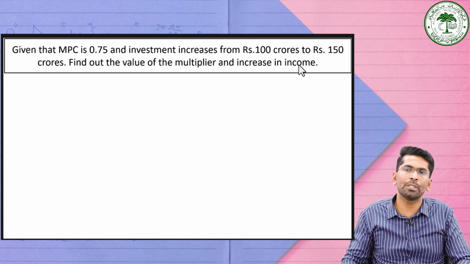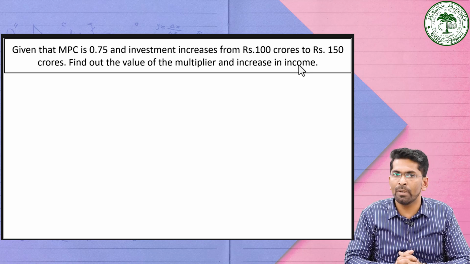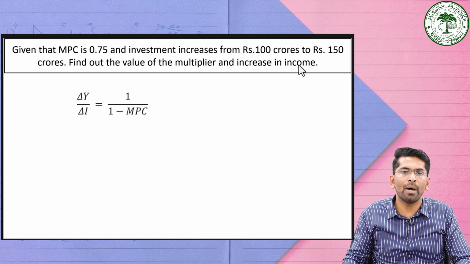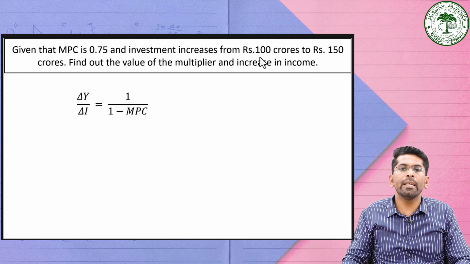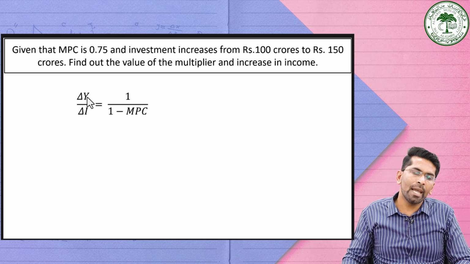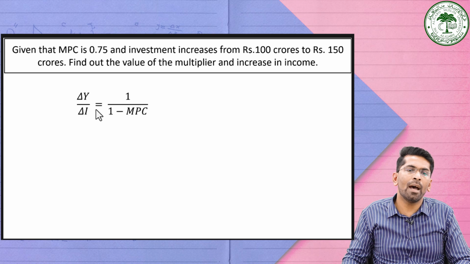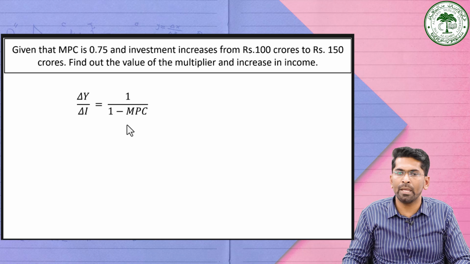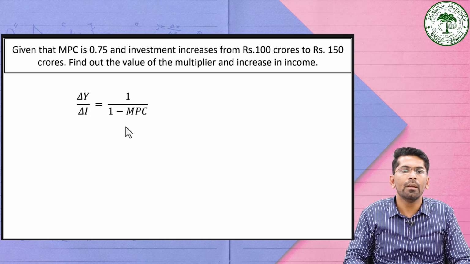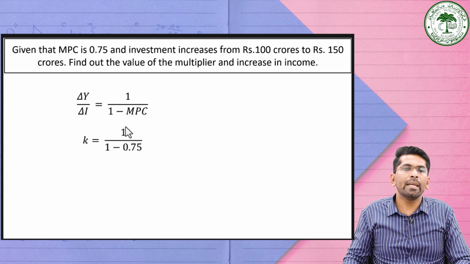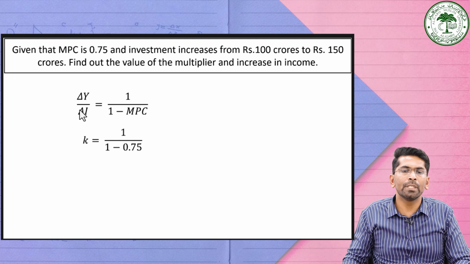See, what information is given here? MPC is given, which is equal to 0.75. Then the investment is increased from 100 to 150. So we can calculate the investment multiplier here. It is delta Y by delta I, the investment multiplier, which we have already derived. It shows how much change in Y is due to change in investment.